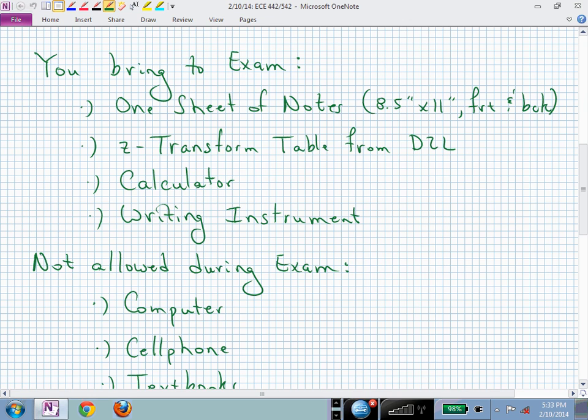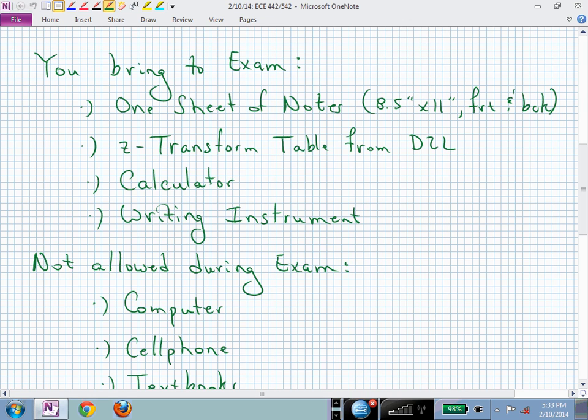A transform table I now have put on D2L, and if you want a transform table, be sure and print that out and bring that with you. So you'll have 2 pages of notes. 1 is front and back. This one should just be the front, and it's coming from the Shams outline.